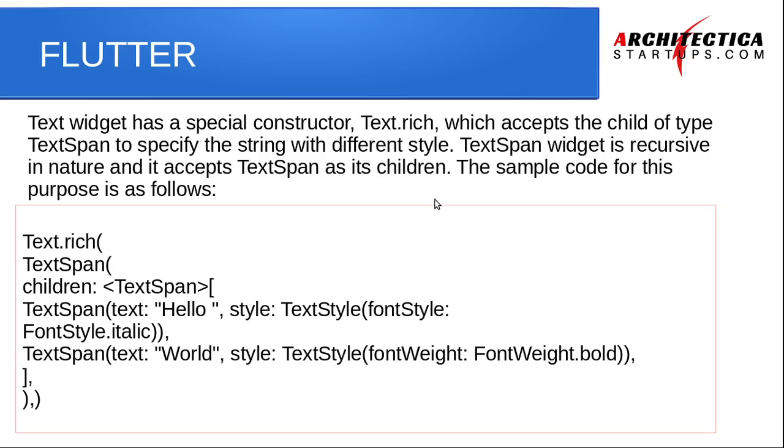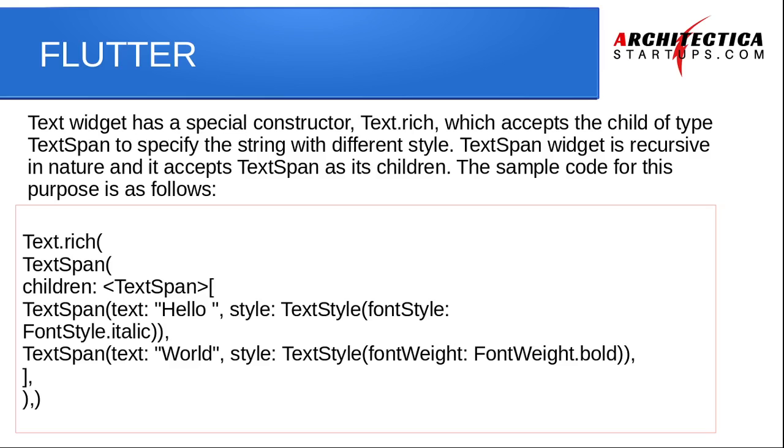Let's move forward. Now the text widget has a special constructor, Text.rich, which accepts a child of type TextSpan to specify the string with different styles. The TextSpan widget is recursive in nature, and it accepts TextSpan as its children.